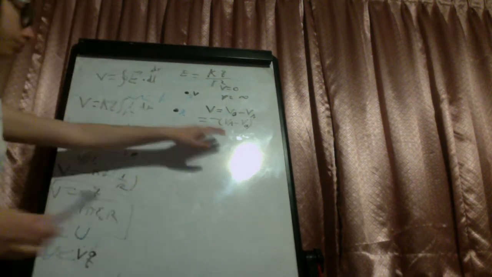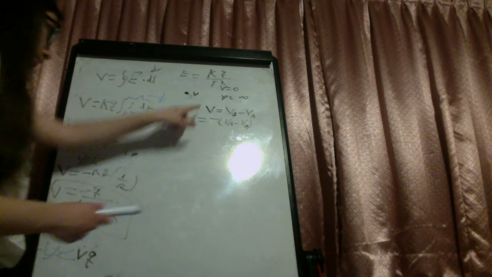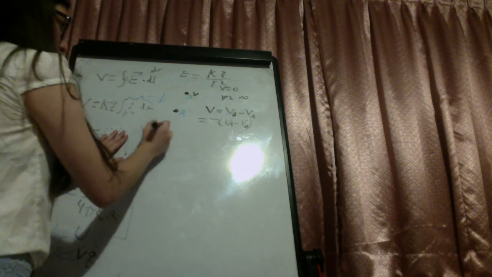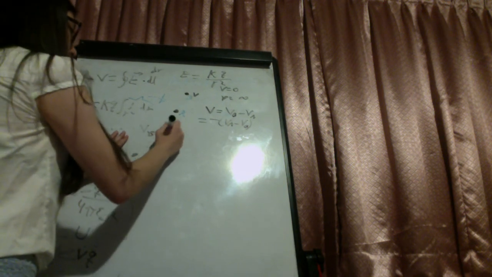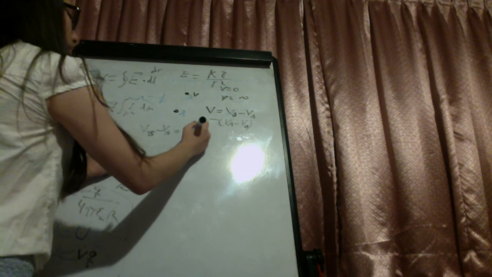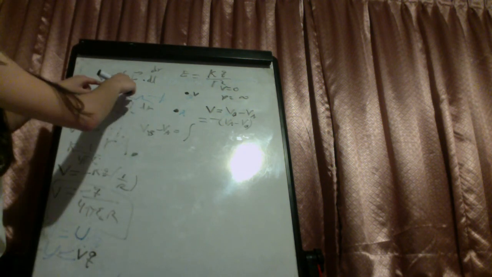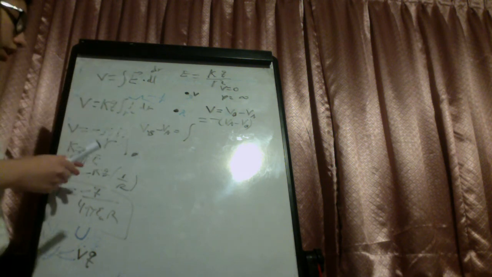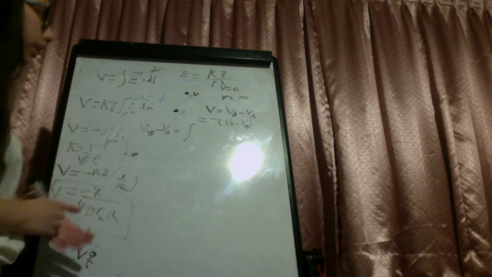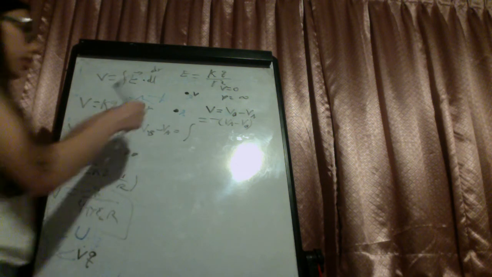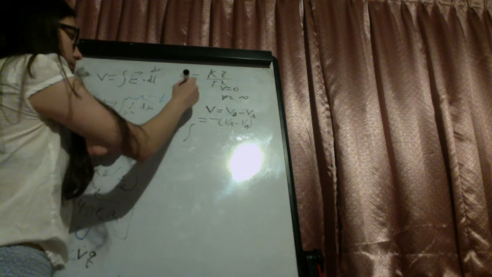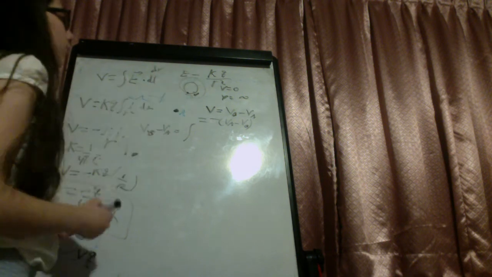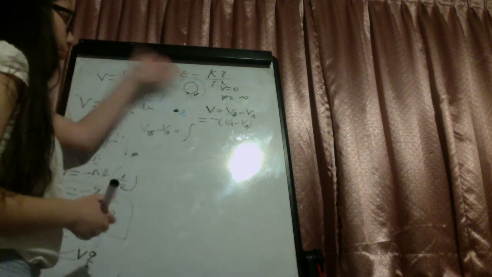But the other way to do this is that V_B minus V_A is equal to the line integral of, here the line integral is just this. If I put this circle, it means that it is a closed line integral, and if it is a closed integral, it means that I'm doing a path, circular or not circular, but the issue is that I return exactly to the same point, and so that will be 0.